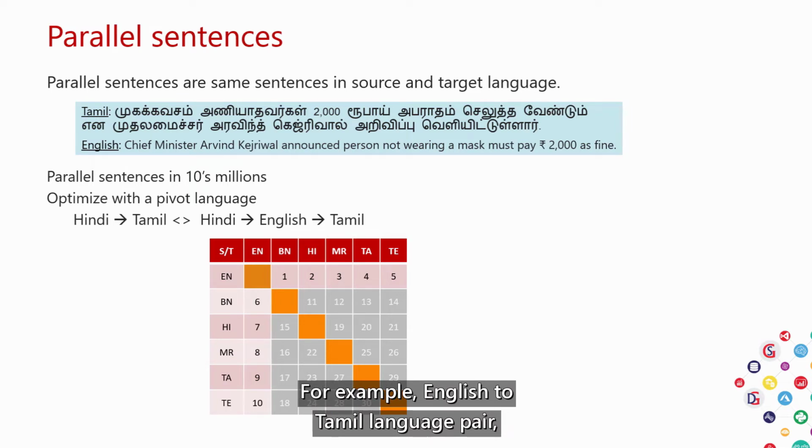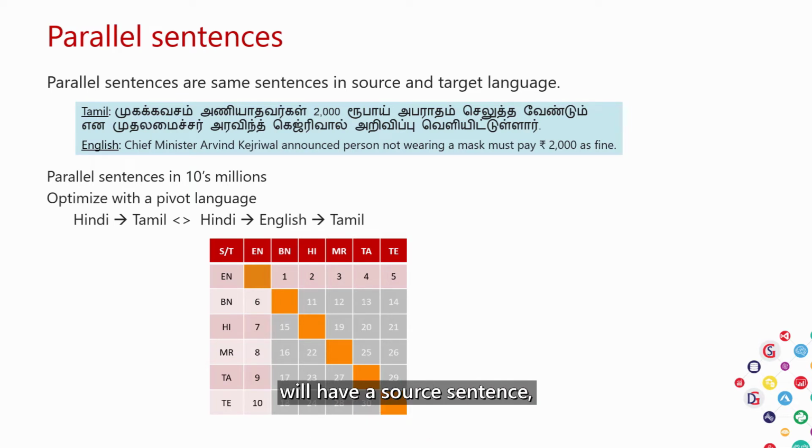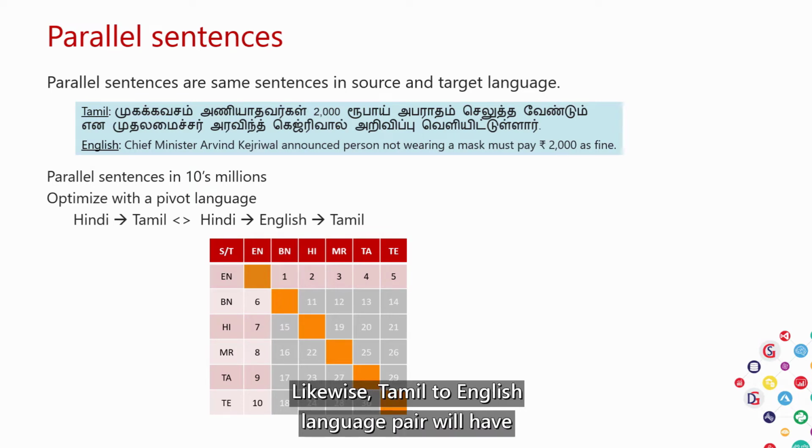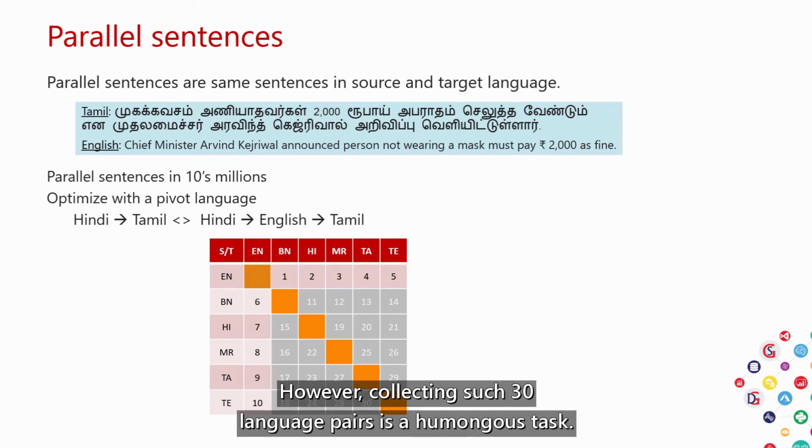For example, the English to Tamil language pair will have source sentences originally written in English and humanly translated to Tamil. Likewise, the Tamil to English language pair will have source sentences originally written in Tamil and humanly translated to English. However, collecting such 30 language pairs is a humongous task.